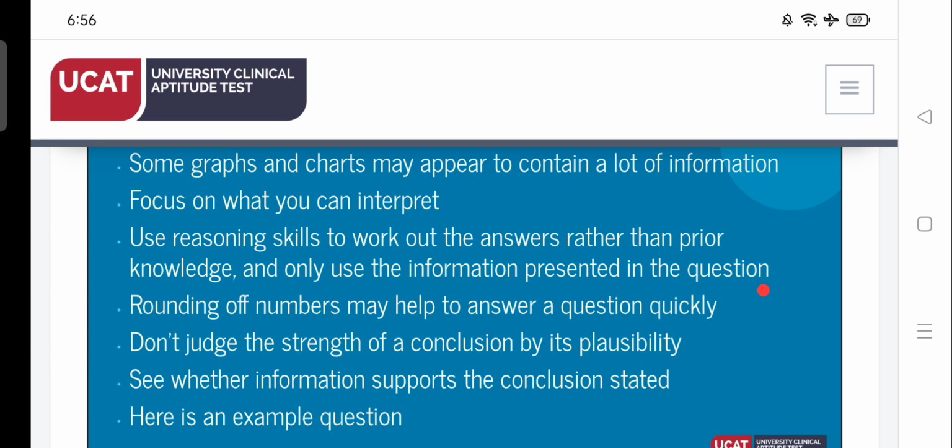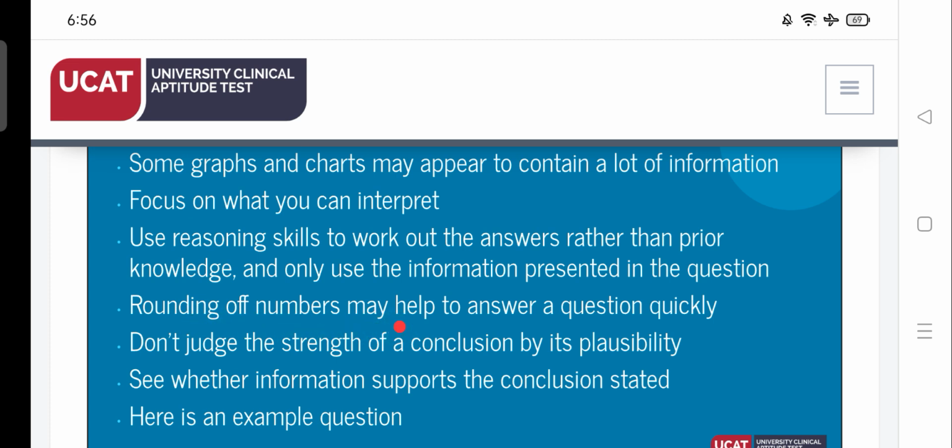Now this graph and chart that will be presented to conclude your answer could contain a lot of information. You just have to focus on what you can interpret, what you can conclude from this information. You have to use your reasoning skills to work out the answers, to work out the data, to write down the information that you can conclude from these charts or graphs.